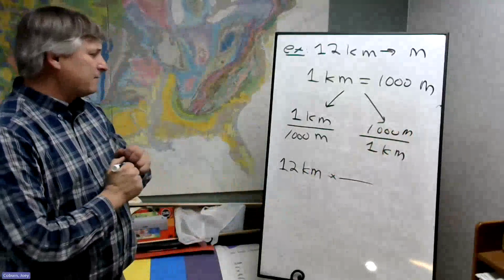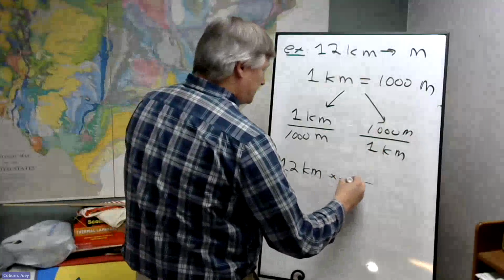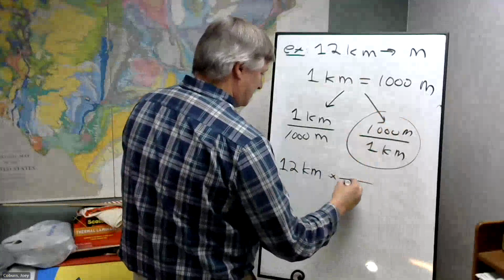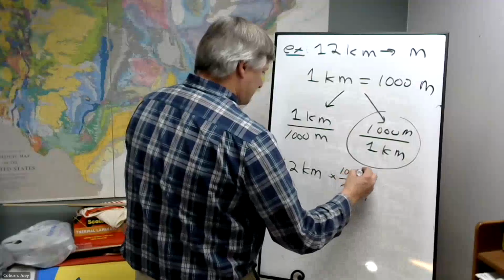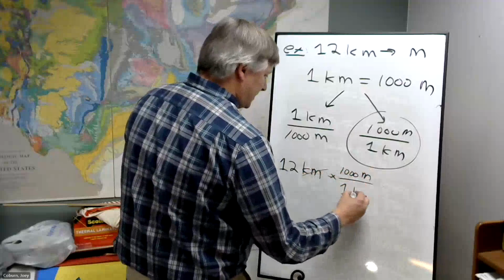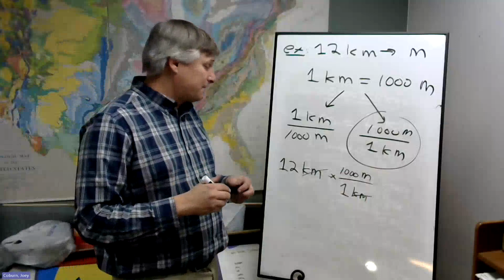And so to do that, we want to make sure kilometers are in the bottom. So we'll go with this one. And when the kilometers are canceling, that means we've set this up right.